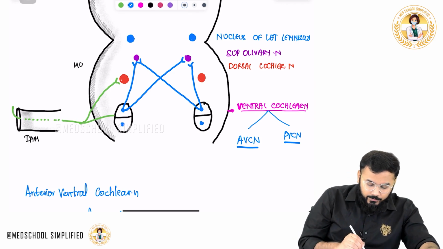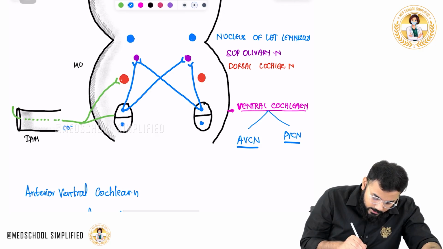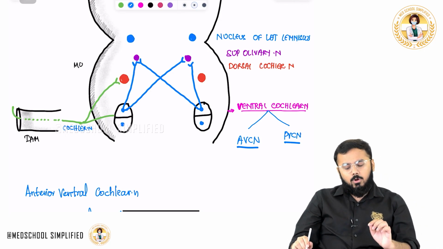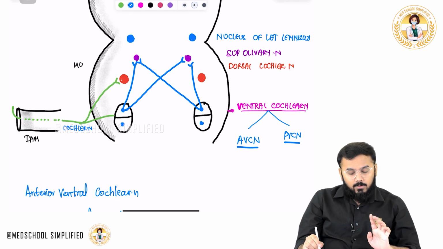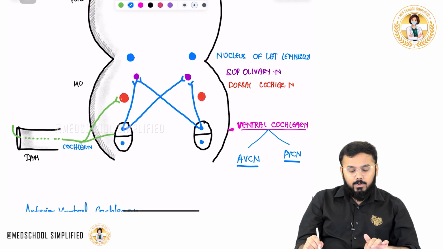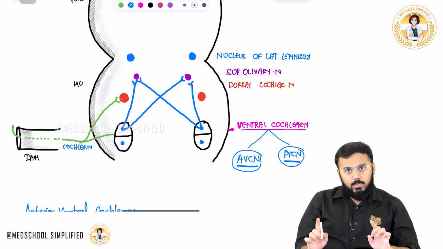Next important thing, this green color nerve over here is your cochlear nerve. So what was the first thing that happened? Cochlear nerve activated your ventral cochlear nucleus. Once ventral cochlear nucleus is activated, both the anterior ventral cochlear nuclei and posterior ventral cochlear nuclei are activated.